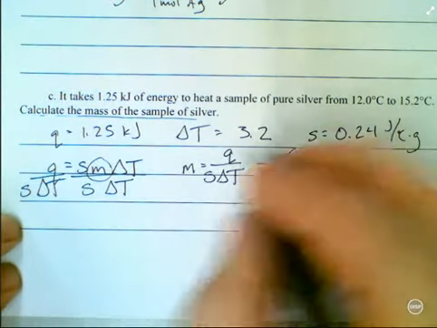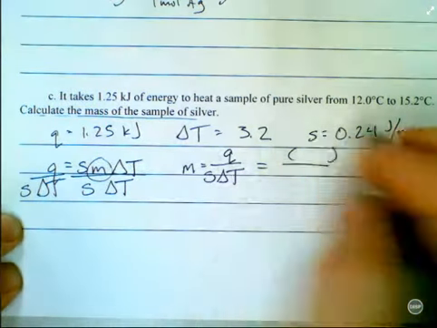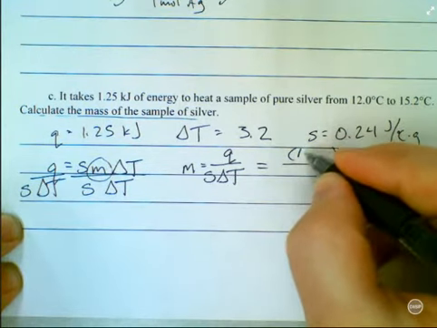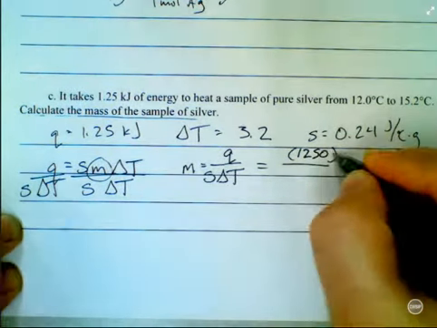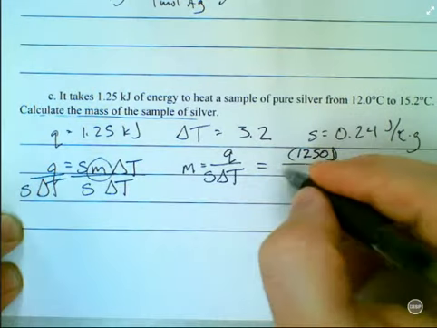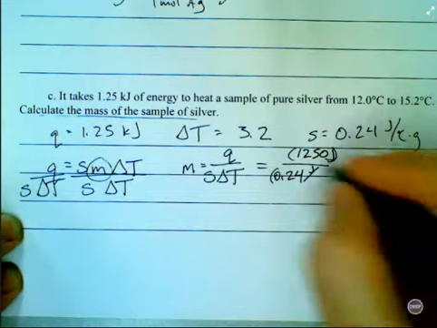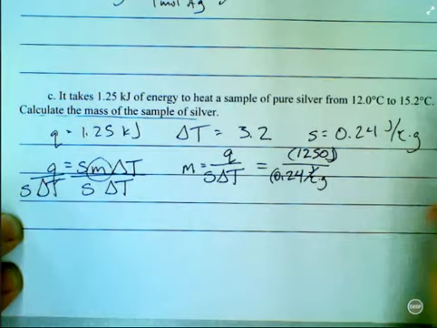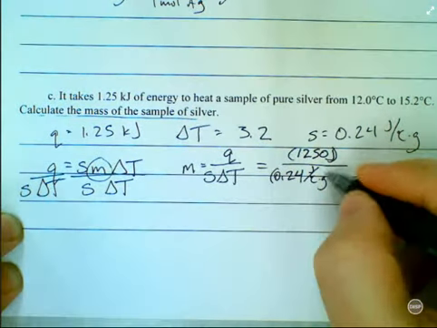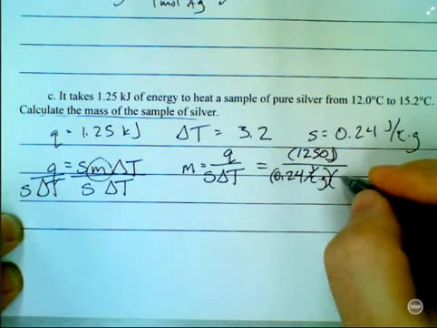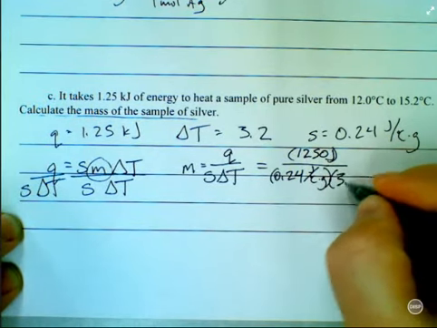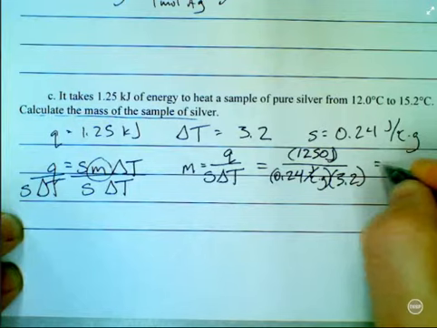So I'm going to record this as 1,250 joules. And so I can put 0.24 joules per degree Celsius times mass. And then we'll have 3.2 as the temperature change.